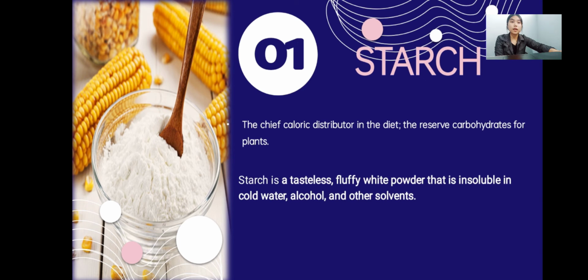So, the ability to digest starch, along with the discovery of fire and cooking, gave humans a new food source that allows us to thrive even in more marginal environments. Now glycogen, the animal starch.